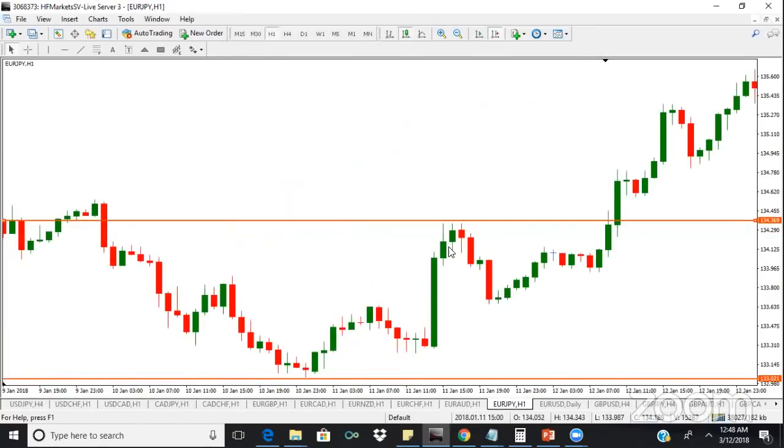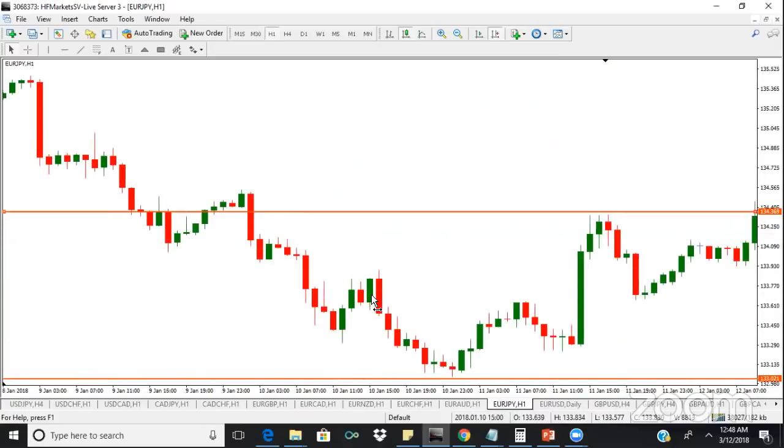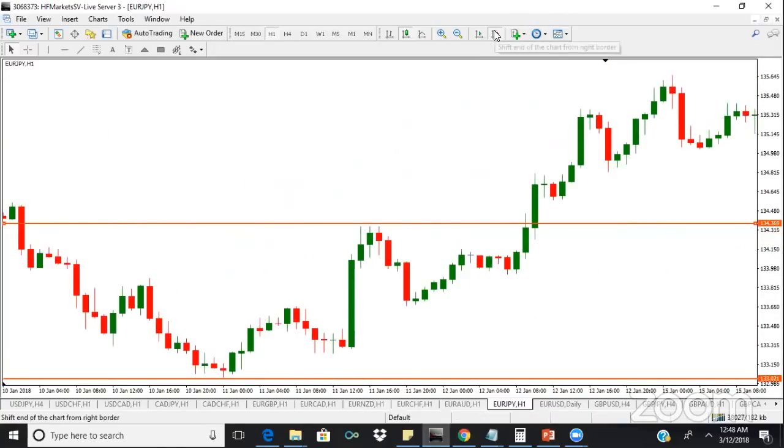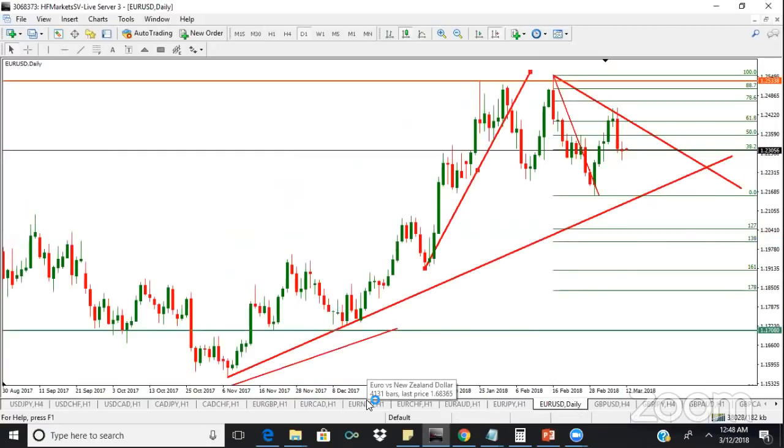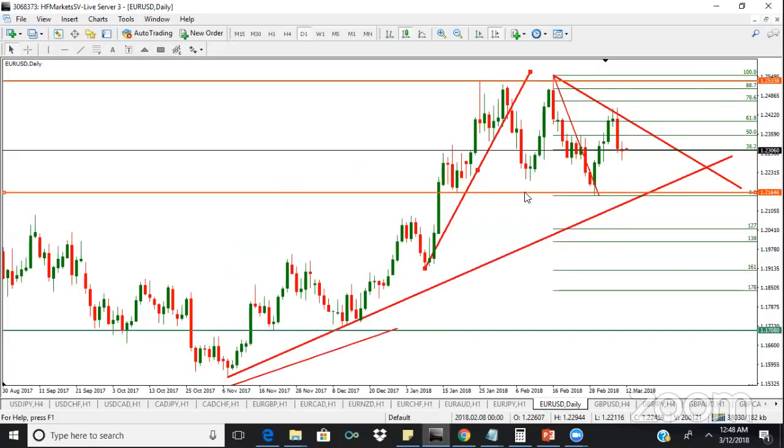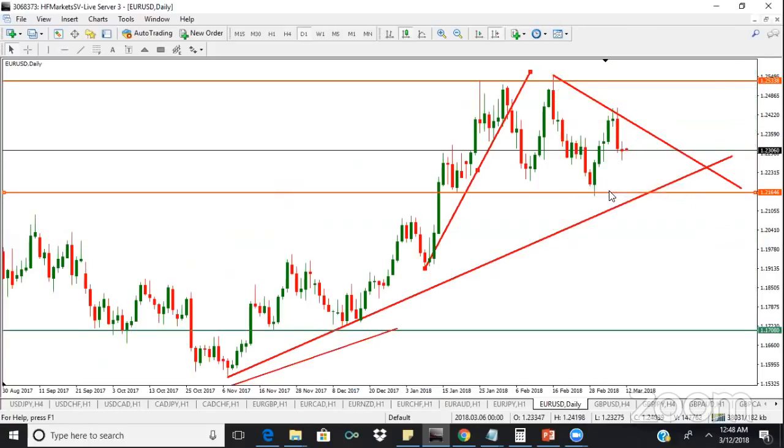What to do? So those are the things you want to see around this. If it does not happen, look at this now. This is what I want to observe. Look at a flag. You can see, it has broken that trend line up.